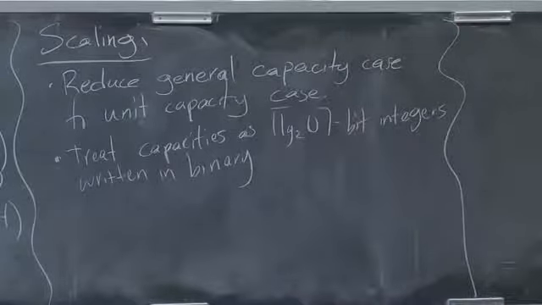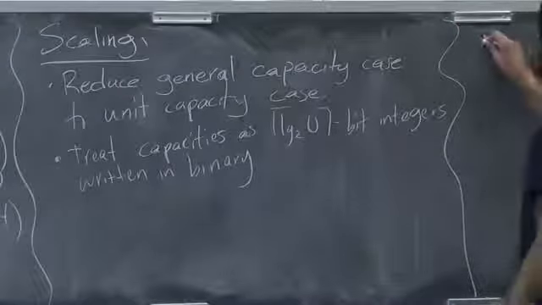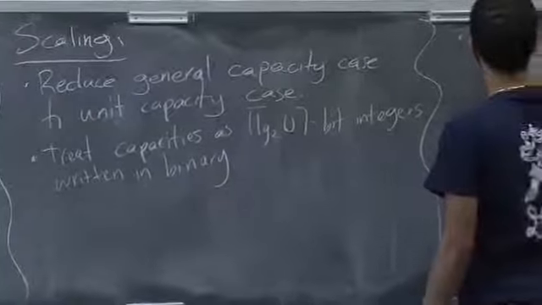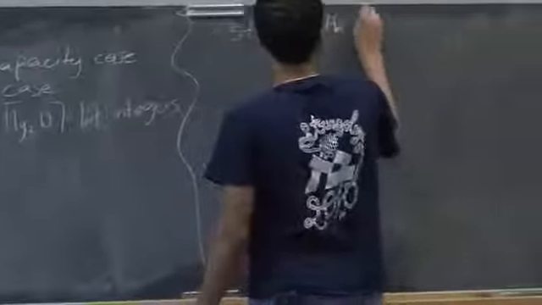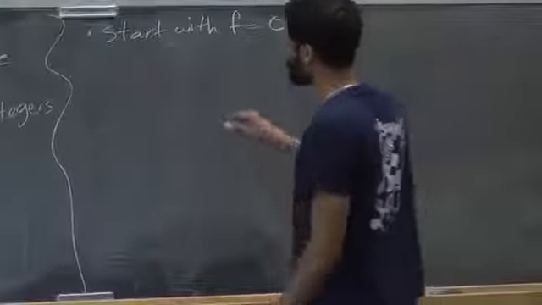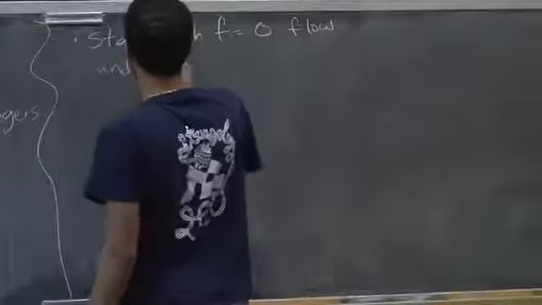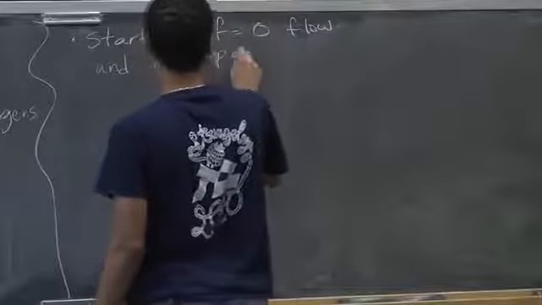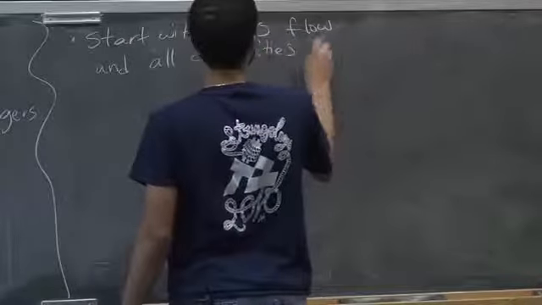Okay. And then this is how the algorithm is going to go. Start with F being the 0 flow and all capacities 0.